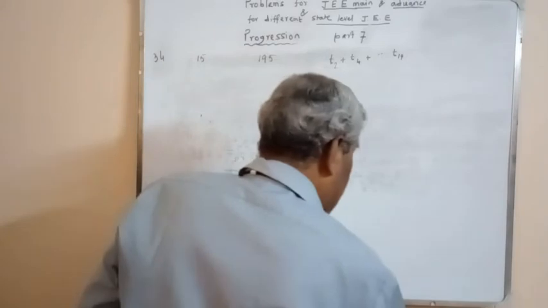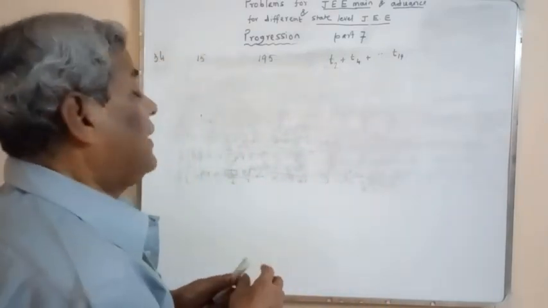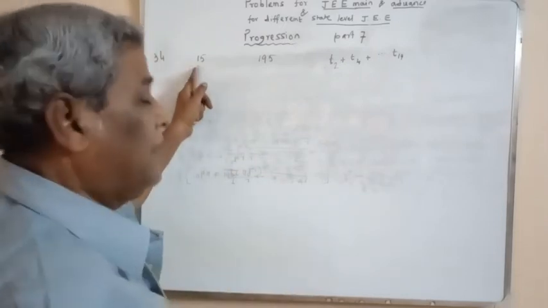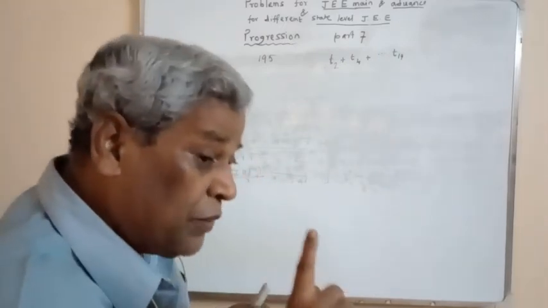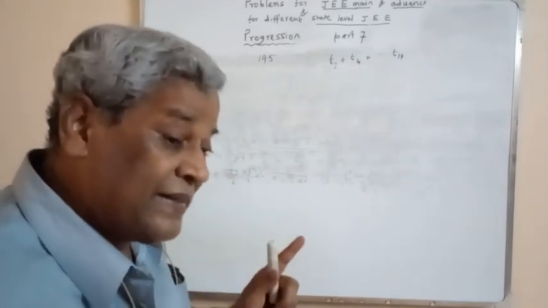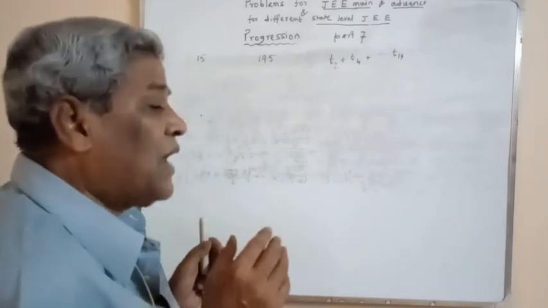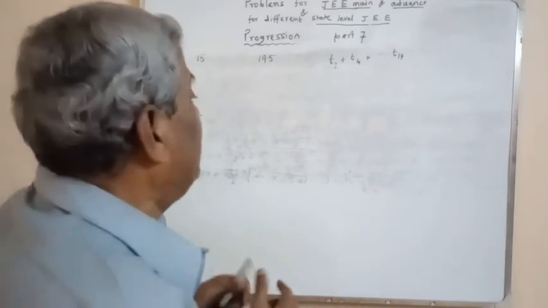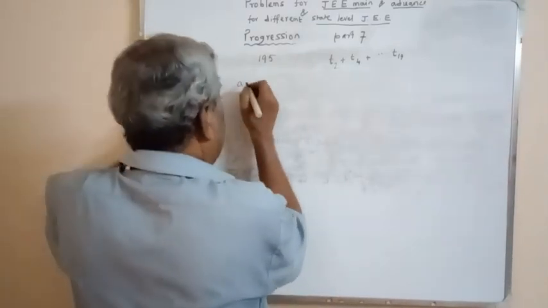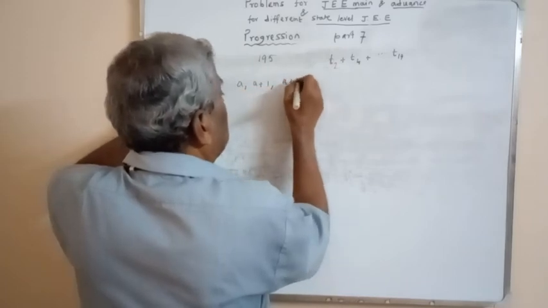Question, I repeat once again. If the sum of 15 consecutive positive integers is this, mind that, not starting from 1, it starts from somewhere other than one, say a. The next integer is a plus 1, the next integer is a plus 2.